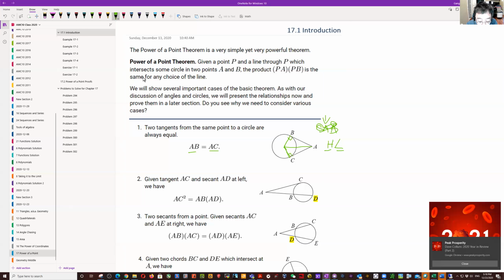Then this part is another one. This is a secant. This is a tangent. So the line segment AB multiplied by AD is the length of the tangent squared.